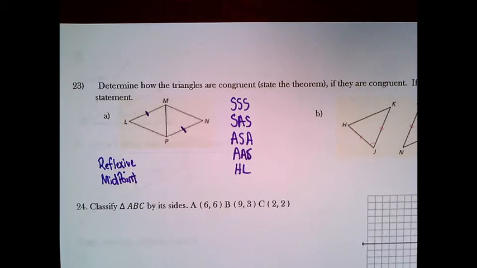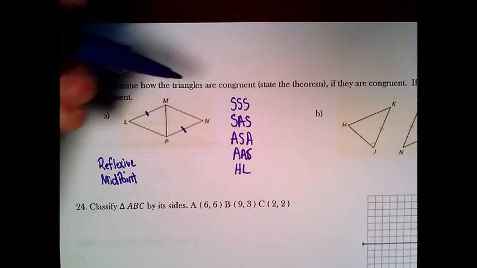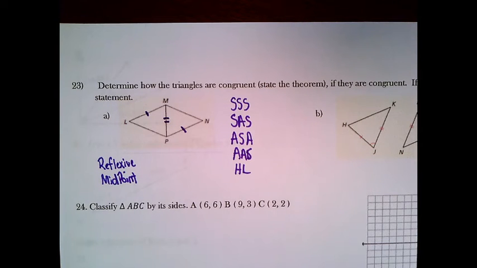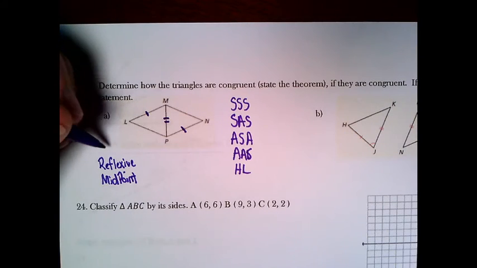Those are the main things that we see, but there's nothing here. There's no proof. There's nothing telling me that there's a midpoint, but I do see the reflexive property. We've talked about that a lot. So MP on the one triangle is MP on the other triangle. Okay, we got that. So that's for sides.